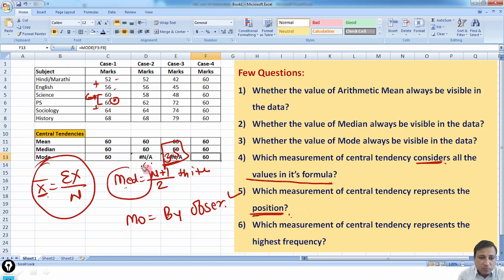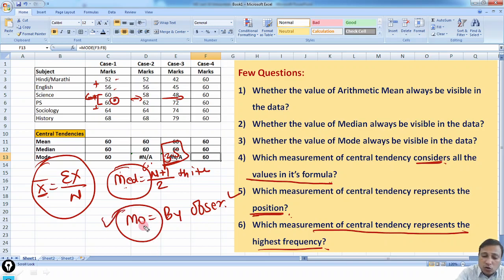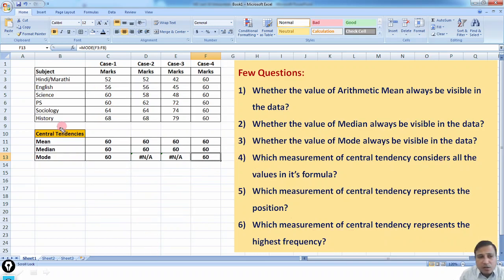Position is associated with the median because it is located at the 50th position, right? And which measure of central tendency represents the highest frequency? That is the mode. Mode is with the highest frequency. So always remember three things. Mean is the popular average value. Median is a positional value at the 50th position. Mode is with the highest frequency.